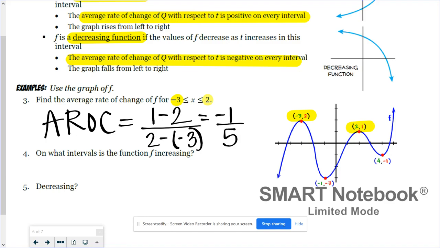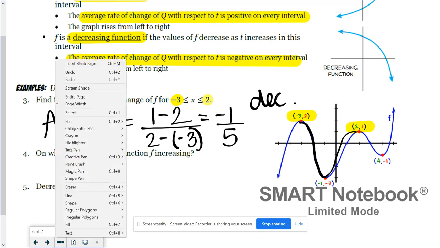So I can say that on the interval from -3 to 2, the function is decreasing on average. Okay, clearly, if you look at the graph, it's decreasing and it's increasing, but on average, it's decreasing. Speaking of those increasing, decreasing intervals, 4 and 5 are asking for just that.